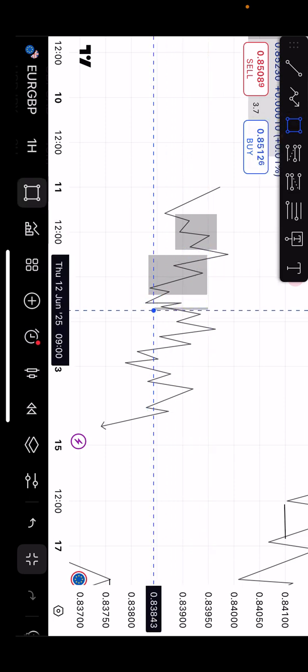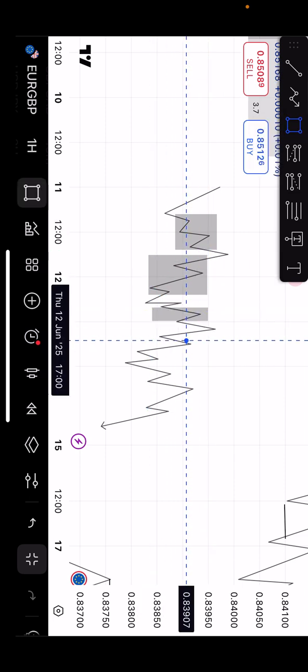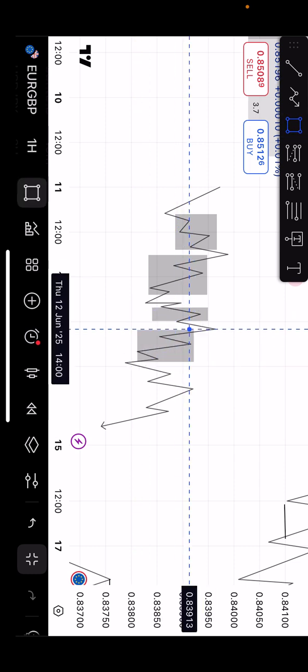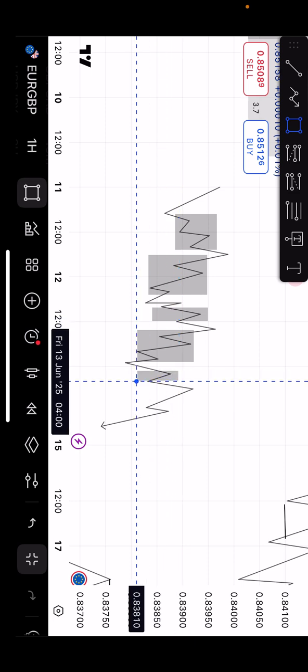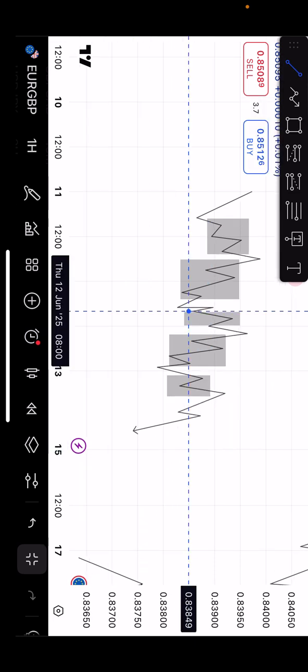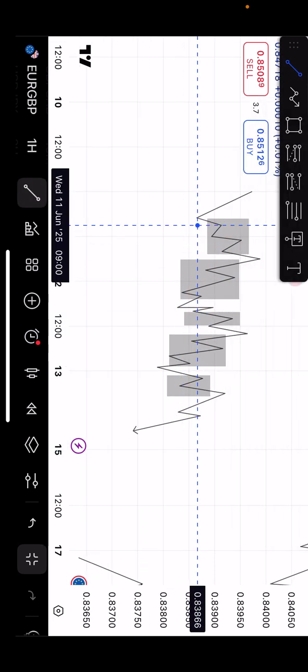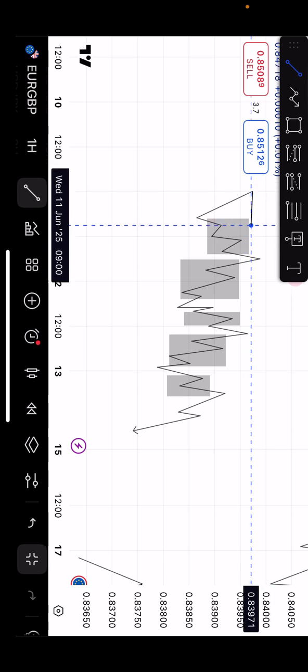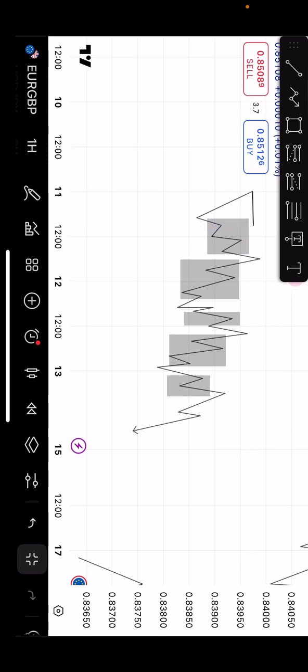Now, what do they want to do? All we need to do is to focus on the main structure so that we won't get swept out when we want to take our entries. So for this bearish trend, the main high caused what?